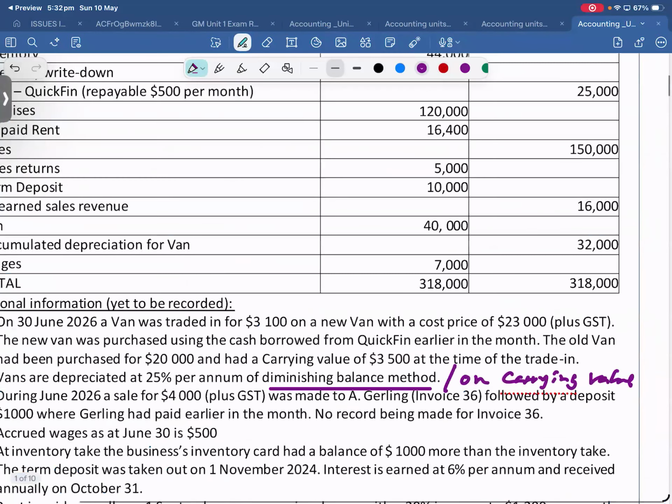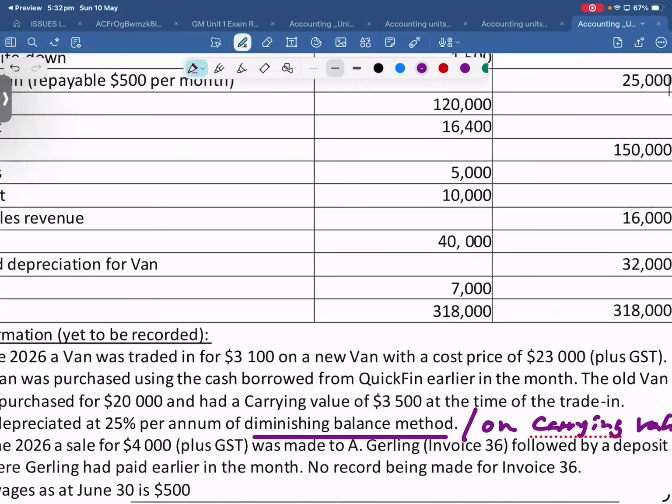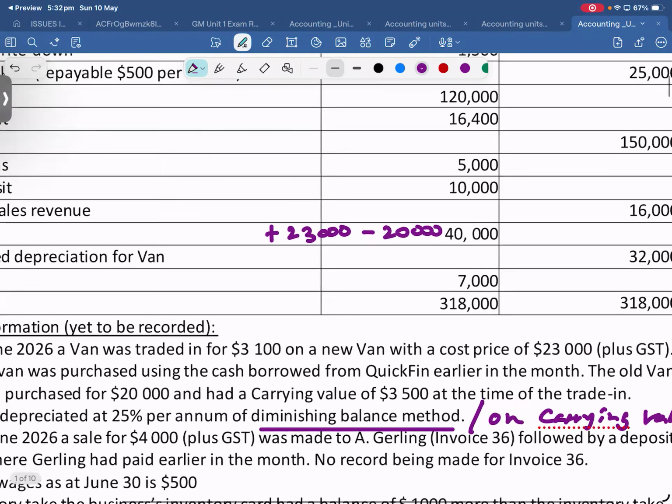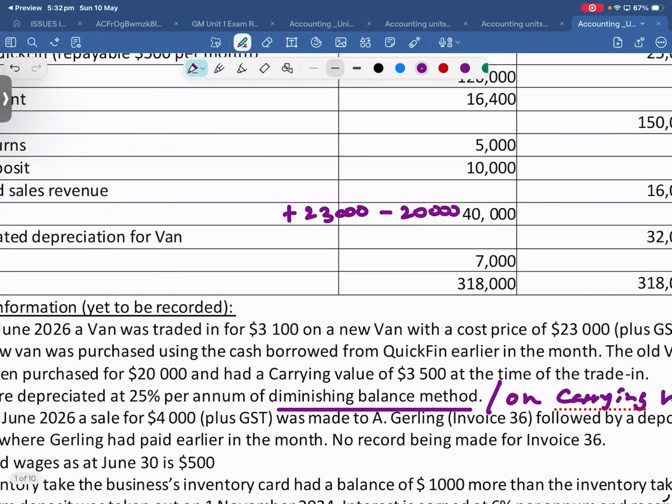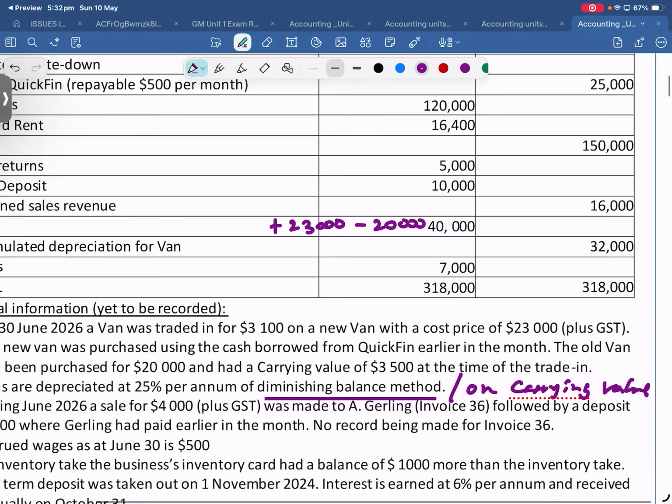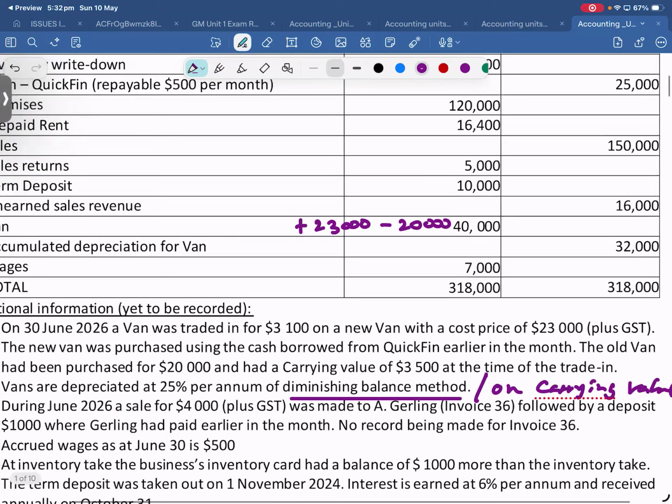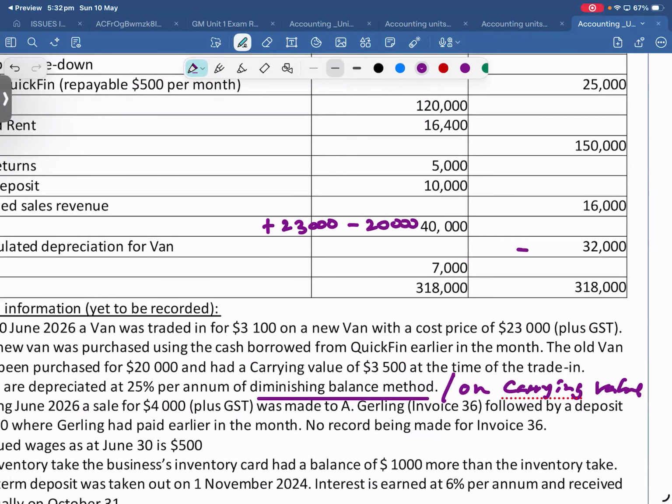So 40,000, what you can do is plus 23,000 minus 20,000. Yeah, 43,000. Then accumulated depreciation minus 16,500.